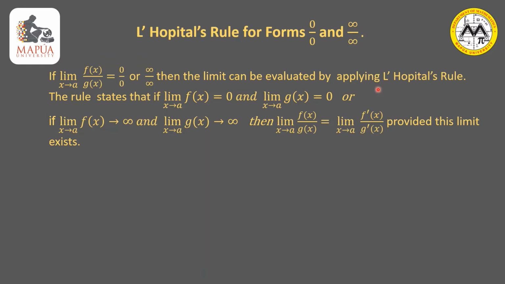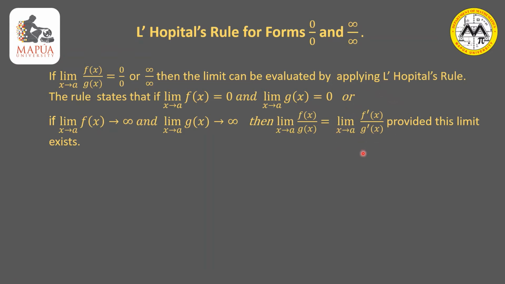The rule simply states that if the limit of f of x as x approaches a is 0, and the limit of g of x as x approaches a is also equal to 0, or we have the case of the limit of f of x as x approaches a increases without bound approaching positive infinity, and the limit of g of x as x approaches a also will be approaching positive infinity, then the limit of the original ratio f of x divided by g of x as x approaches a can be evaluated in terms of the limit of f prime of x divided by g prime of x as x approaches a.